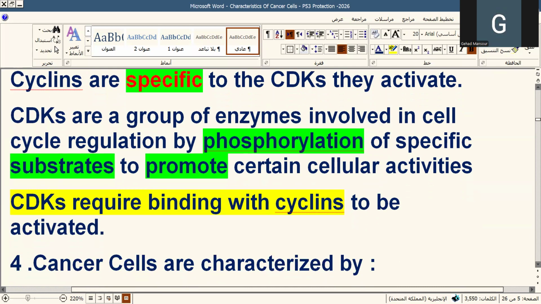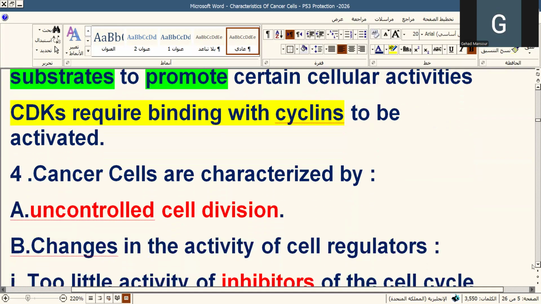We also said, we are just recapitulating, that the CDKs are a group of enzymes that are involved with phosphorylation or the direct addition of a phosphate group from ATP. That's why they're called kinases. They phosphorylate their substrates to promote certain cellular activities.